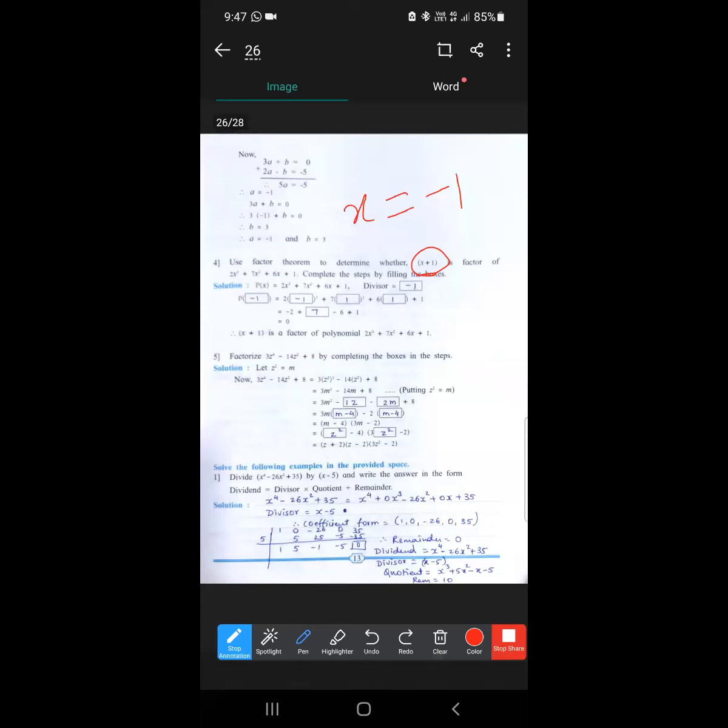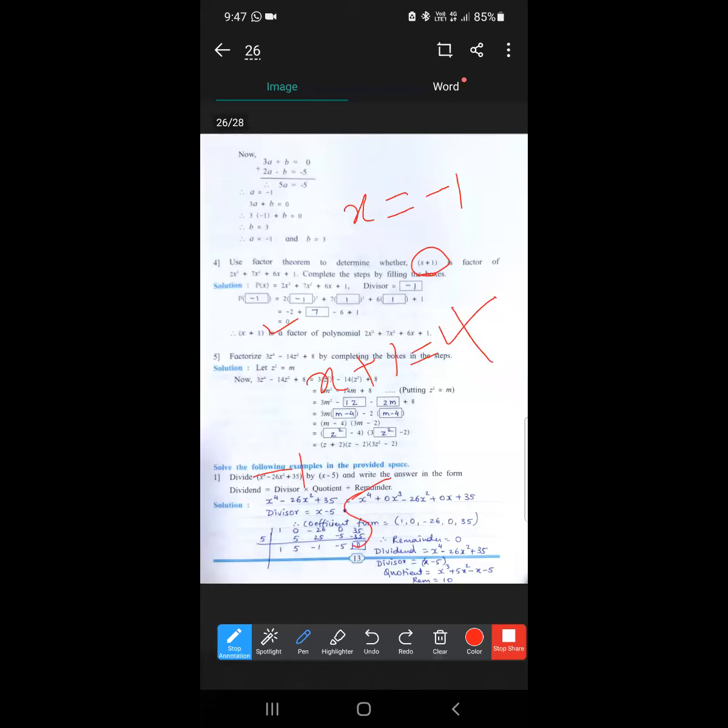If you get the answer as 0, then x plus 1 is a factor. If in case you get minus 1 or 5, any number except 0, that means if you do not get the answer as 0, then this is not a factor.